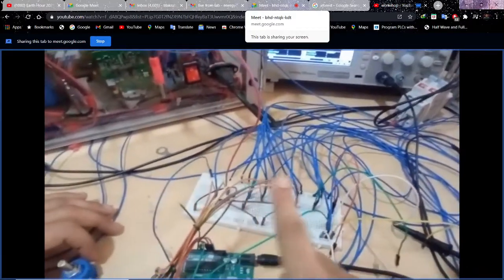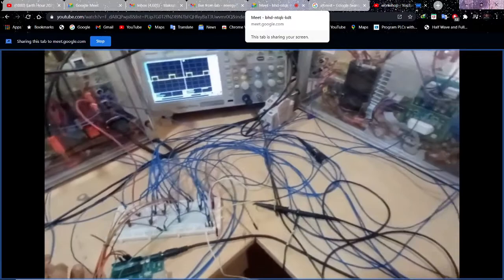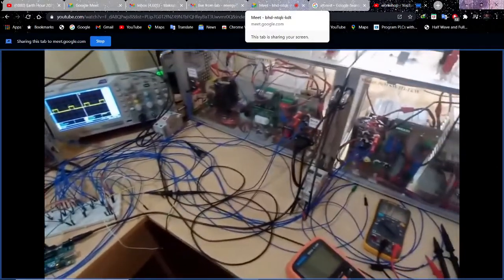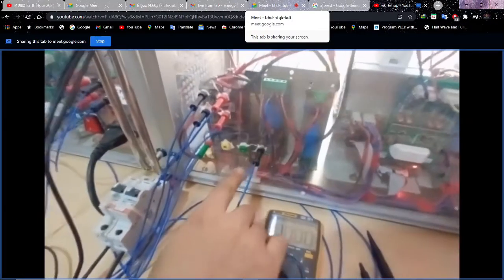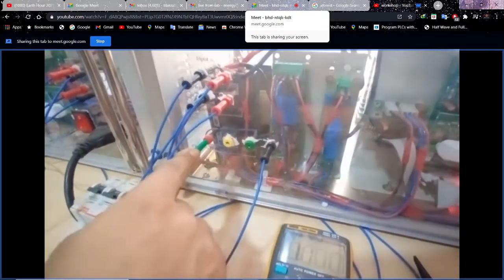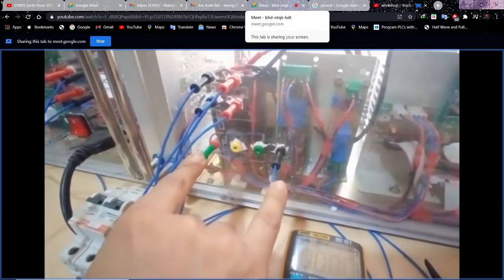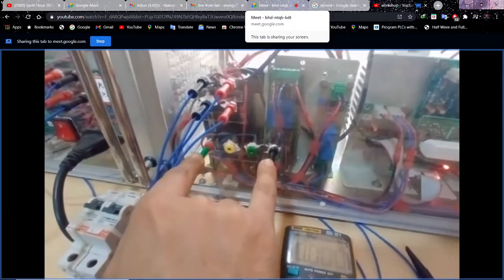Those duty cycle signals are fed from this circuit through these wires. Here this is the ground pin from the controller, and the signal pin. This is the signal pin and this is the ground pin. This is coming at 5 volt. So signal and ground pin are given here in this terminal.